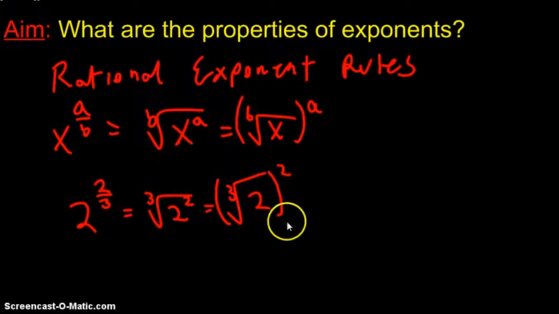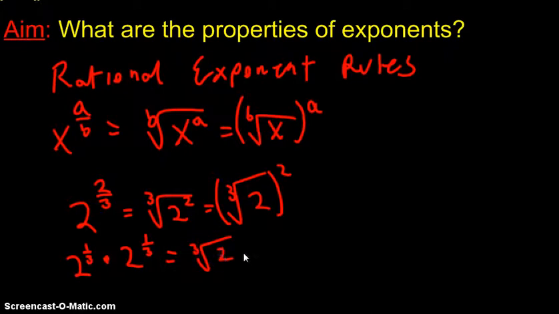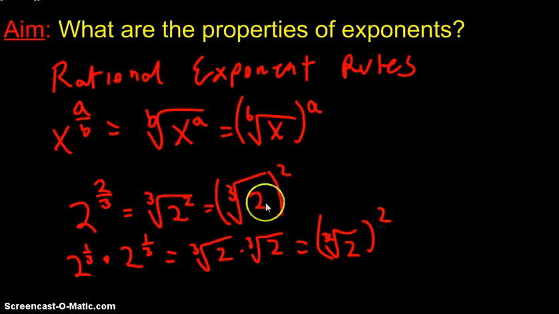Both ways work. The question is why. This is the same thing as saying 2 to the 1/3 times 2 to the 1/3, which is equal to the cube root of 2 times the cube root of 2, which is the cube root of 2 squared. So that's where this one comes from.